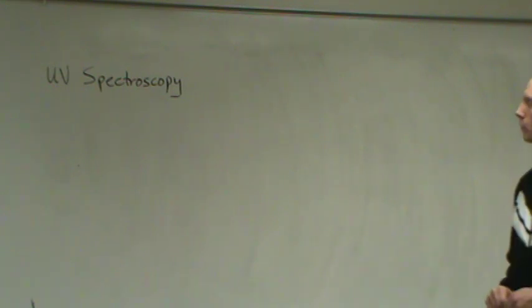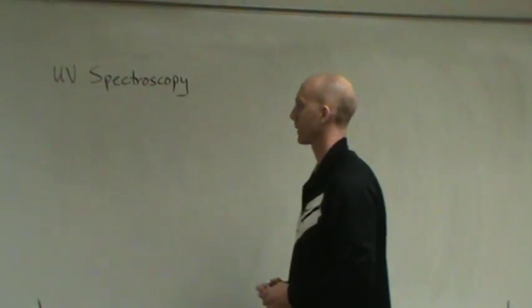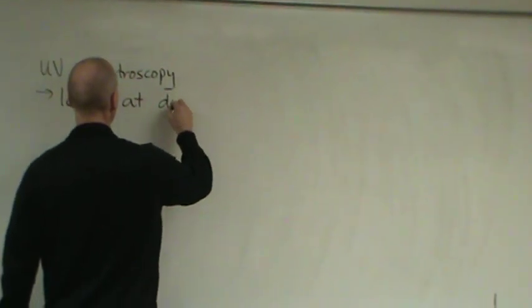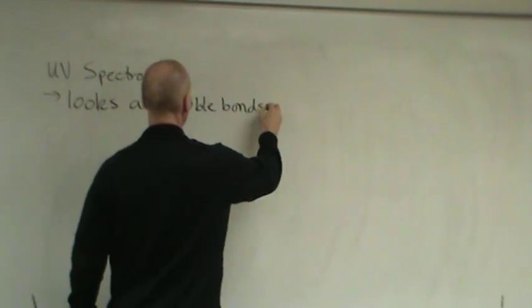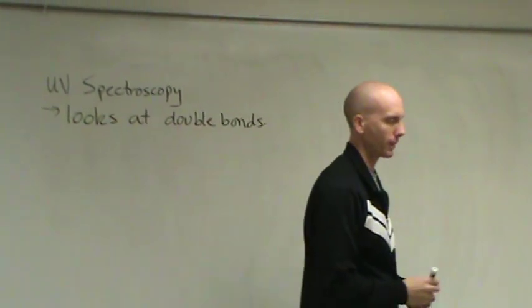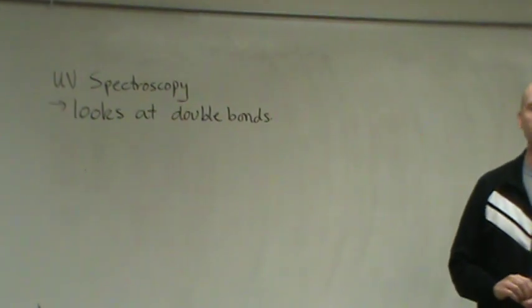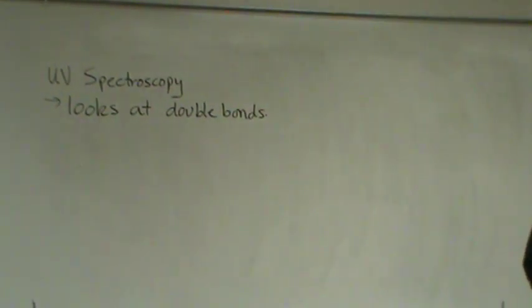So, what does UV spectroscopy look at? What it basically does is it looks at double bonds in molecules.